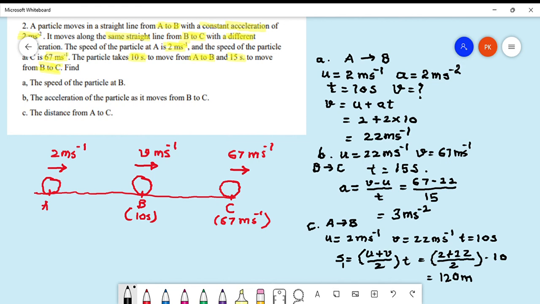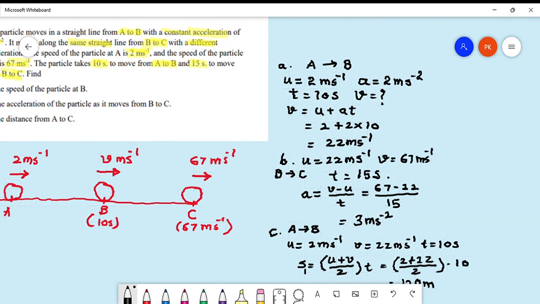Now, I will consider the further journey from B to C. As I already told you, whatever is the final velocity at B for the journey from A to B will become the initial velocity for the journey from B to C. So I will take u as 22.